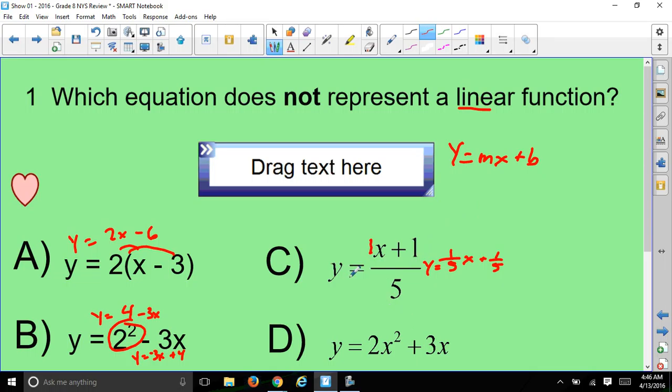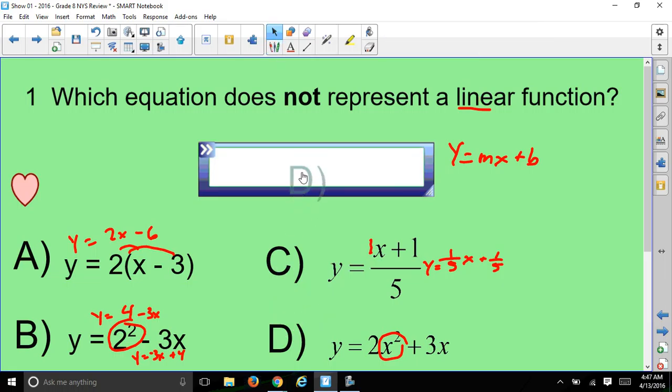Now this last one, I notice it has the x with the little 2 next to it. And I'm leery about that because I remember that the exponent next to the x didn't have a 2. So I would think D would be the choice because of the x having a 2 on it.